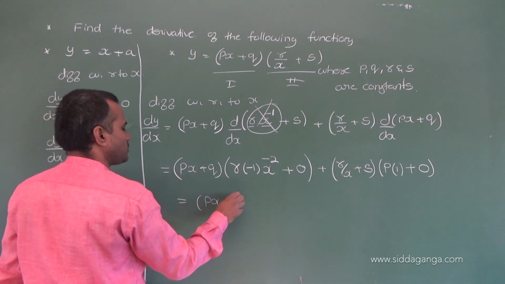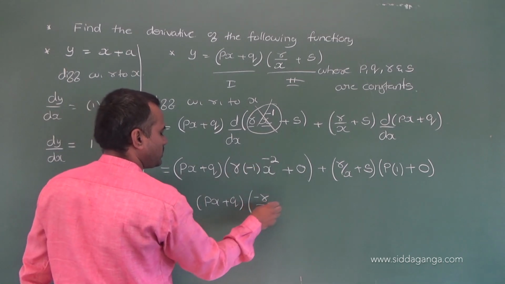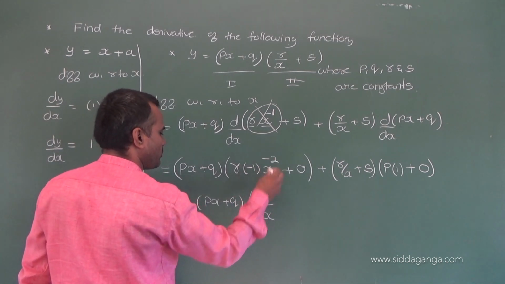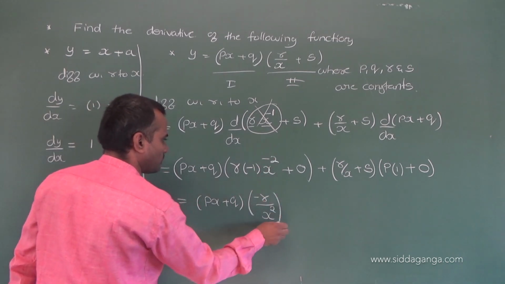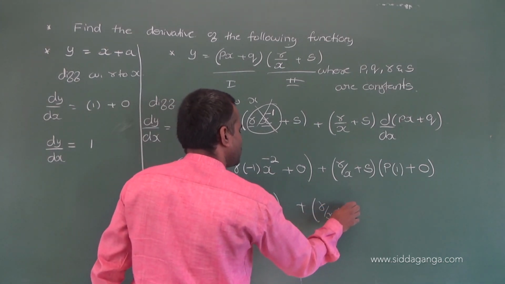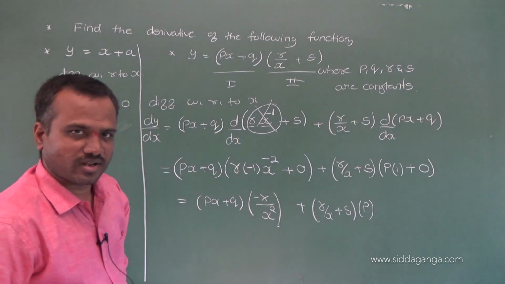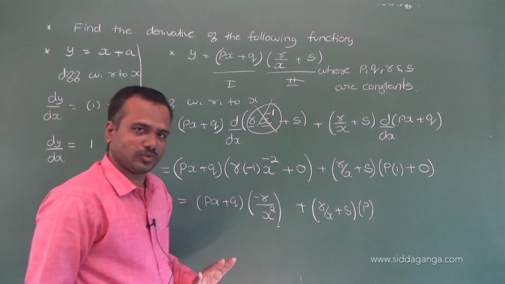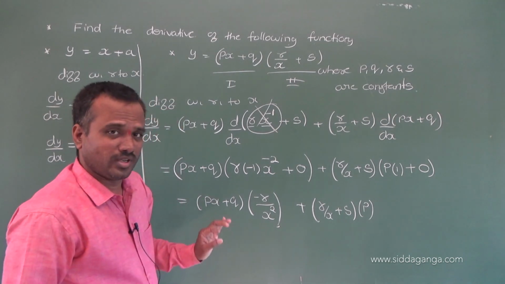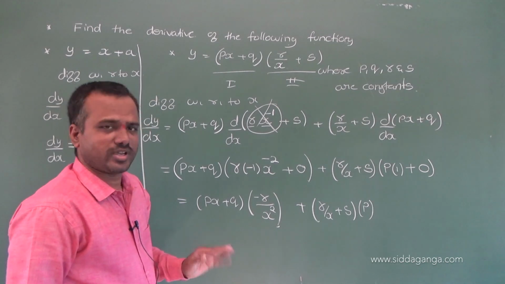So px plus q, minus r divided by x square, shifting x to the power minus 2 from numerator to denominator, plus r by x plus s into p. That is enough. No need to continue. Okay, observe this problem. This type of problems are very important. Okay, next problem.